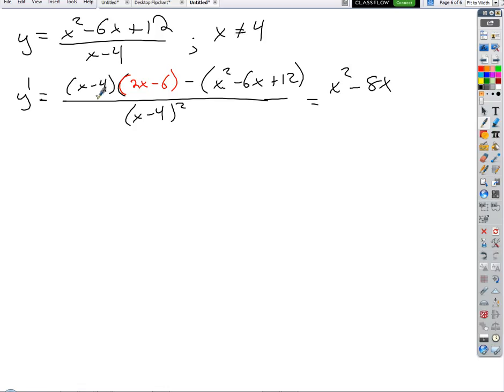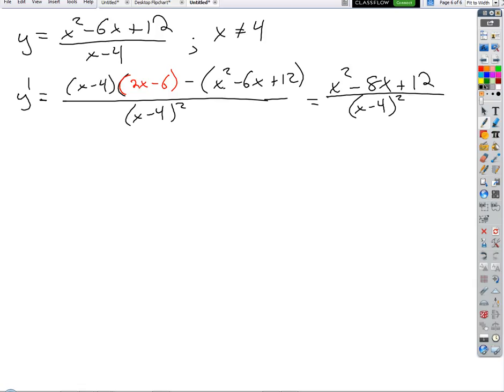And we're going to get positive 24 minus 12, all divided by x minus 4 squared.